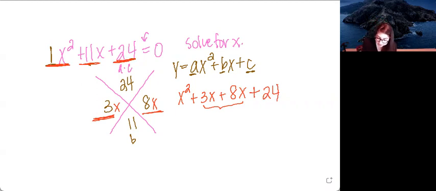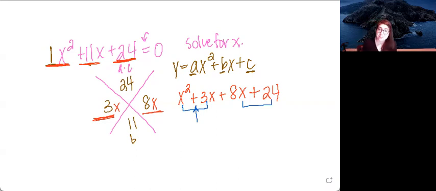So now that I've got that, I'm going to go ahead and group these. I'm going to figure out what the greatest common factor is. So by doing so, I'm going to group these two here, and then I'm going to group those two there. So looking at these first two, what do they have in common?